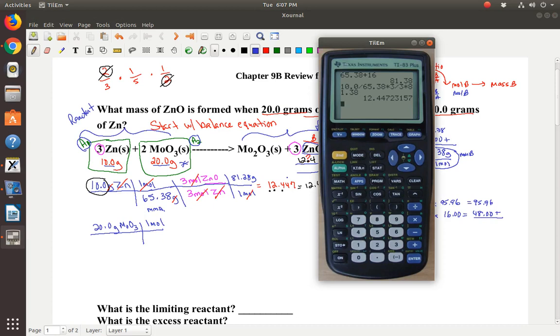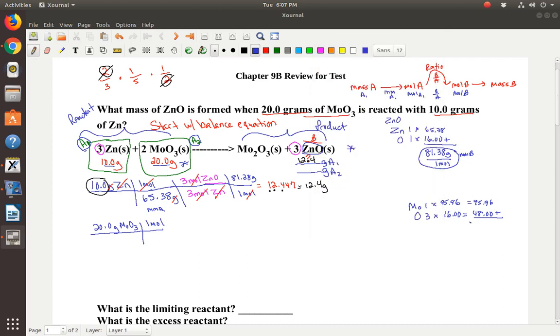So we have 95.96 plus 48, so 143.96. 143.96 grams over 1 mole. So that's the molar mass of this new molecule. So 143.96 grams. So now I can cancel it out, grams and grams.